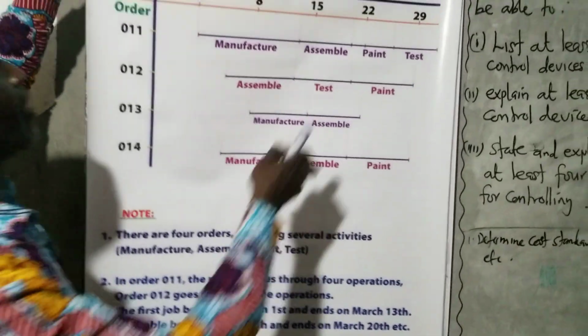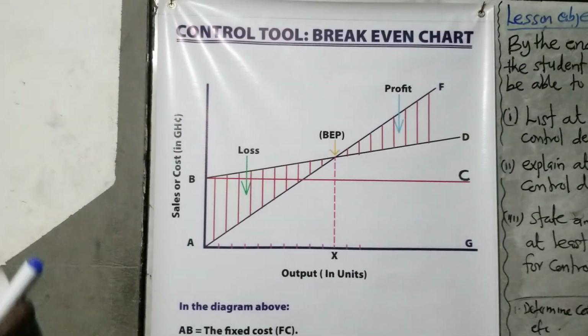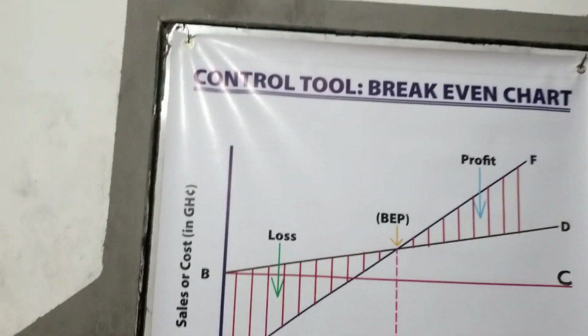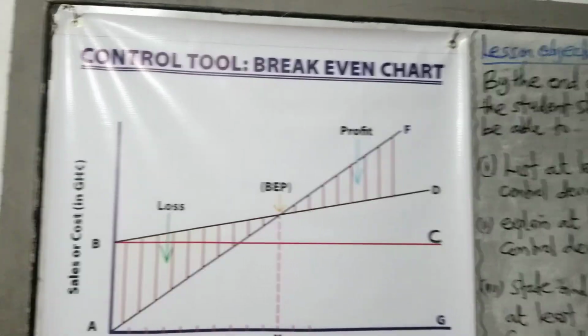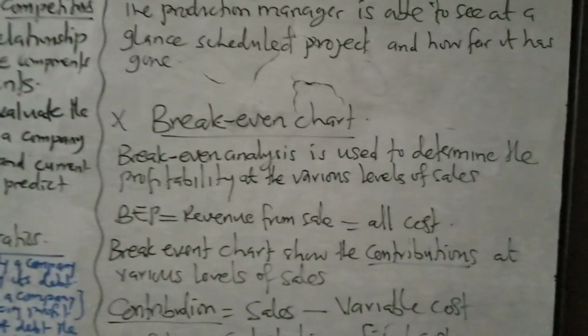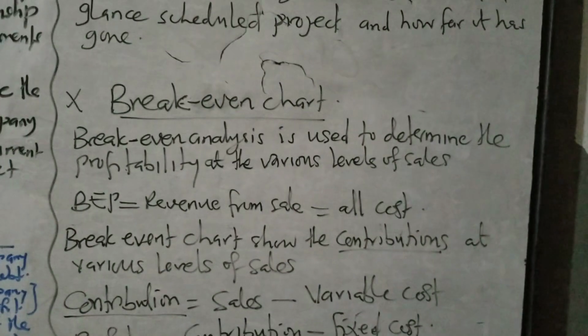Now the next one is the break-even chart. Now let's come here and look at it before we go there. So the break-even chart, which is the last control device we are going to talk about.